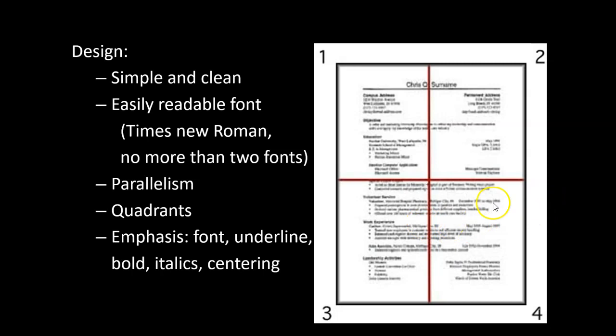And then finally, another really important way to organize it and help the reader move through it quickly is to use emphasis. That means, for example, some fonts are bigger. Some are bolded or underlined or italicized, right? So that when I look at this, I'm not just seeing undifferentiated text.